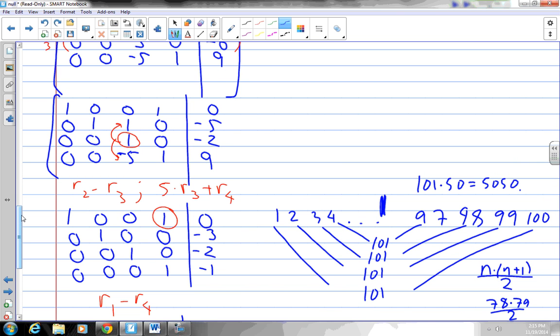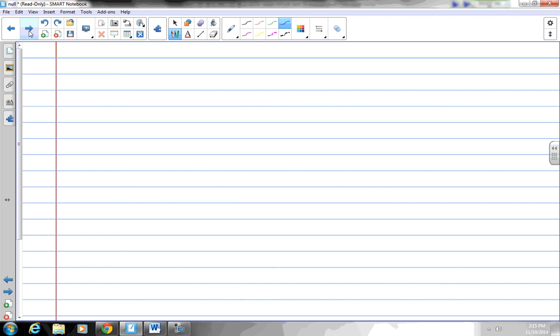Anyway, let's say I have a matrix. We usually use capital letters to represent a matrix. Matrix A. And it has elements in that matrix. Let's say the first element, we label it as A sub 1,1.